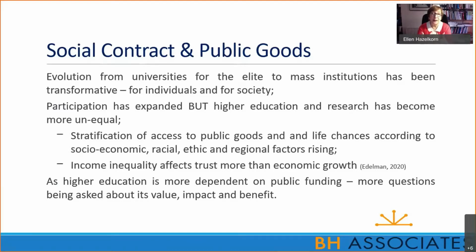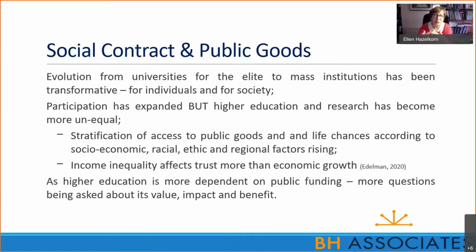And that has been an unwritten issue around the social contract. But as we've seen this evolution from elite to mass institutions, which is really where we're at, we're talking 50, 60% of our population in higher education, this has been transformative.